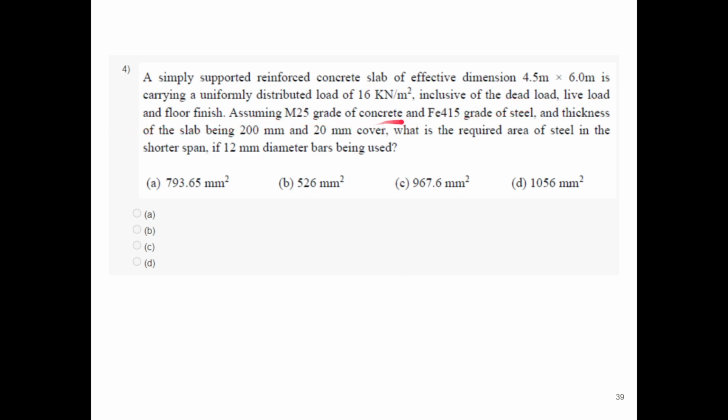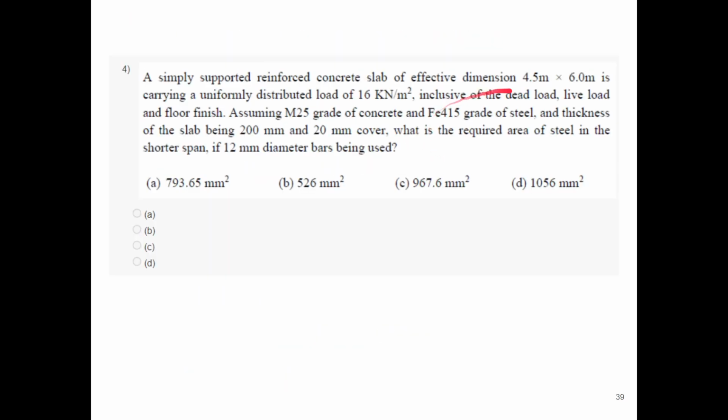Assuming M25 grade of concrete and Fe415 grade of steel, and thickness of the slab being 200 mm and 20 mm cover, what is the required area of steel in the shorter span if 12 millimeter bars are used? Is it 793.65 mm square, 526 mm square, 967.6 mm square, or 1056 mm square? Okay, so let us check.